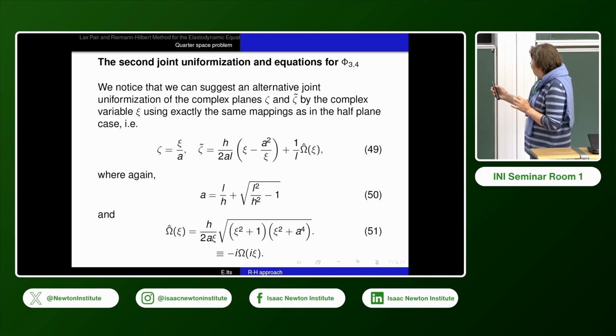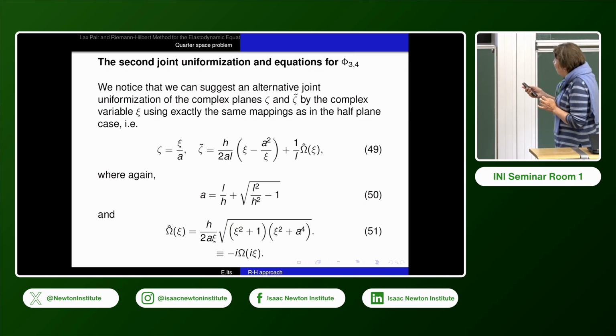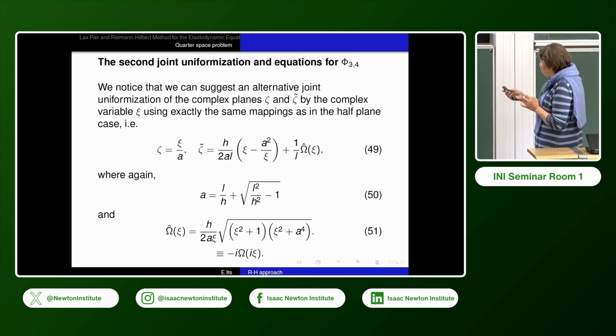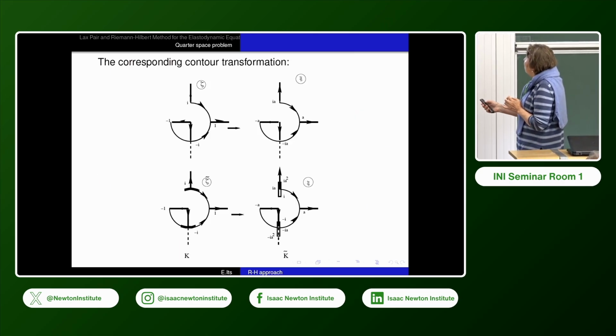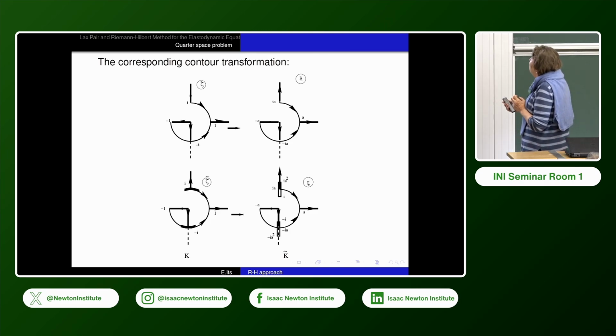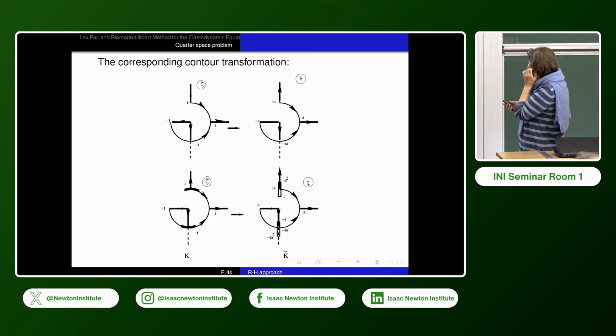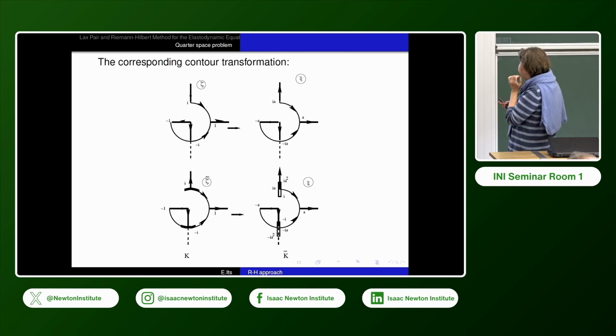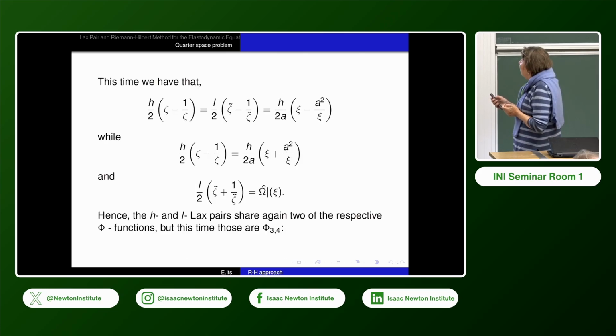And this joint uniformization allows us to change our contour in the following way. And finally, that's the description of the uniformization.